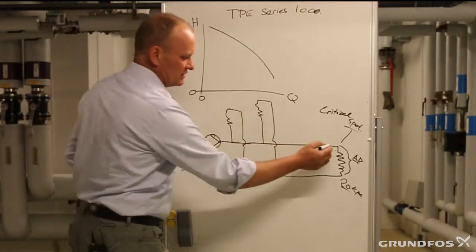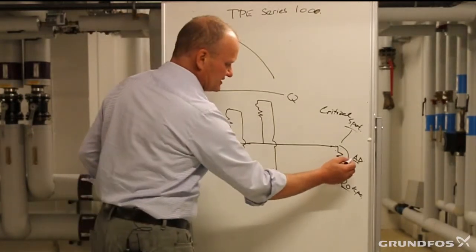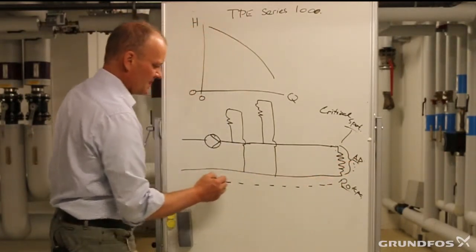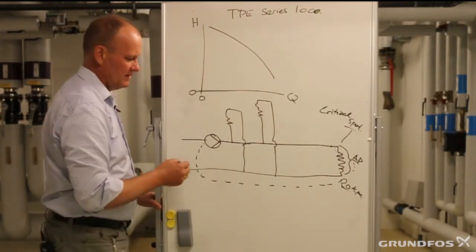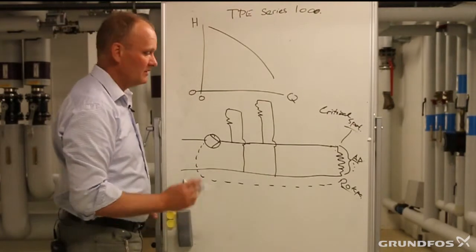Then what we do is that we place a differential pressure sensor out here and send this signal back to the pump and tell the pump maintain these 20 kilopascal out here.